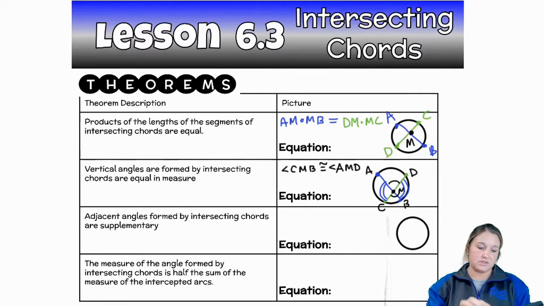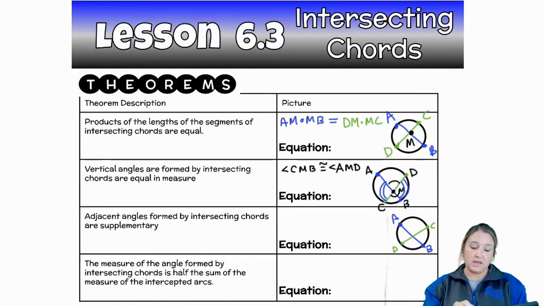So let's have our intersecting chords again. So we have AB, and then we also have CD. All right. So this angle right here, so remember they meet at M. This angle AMD is going to add up to 180 with angle DMB.